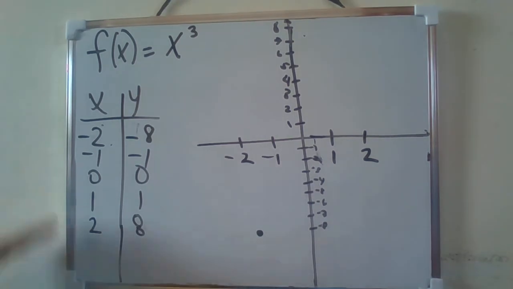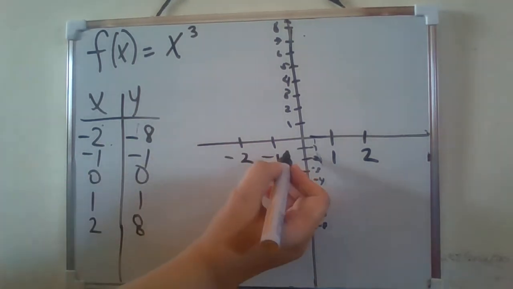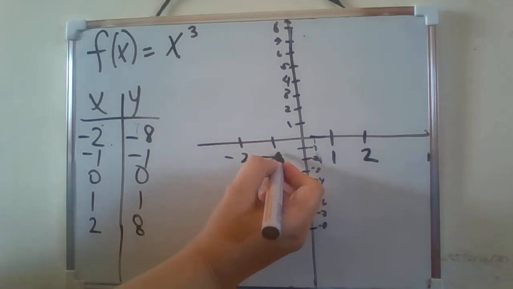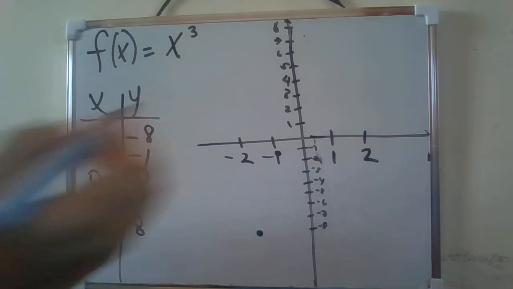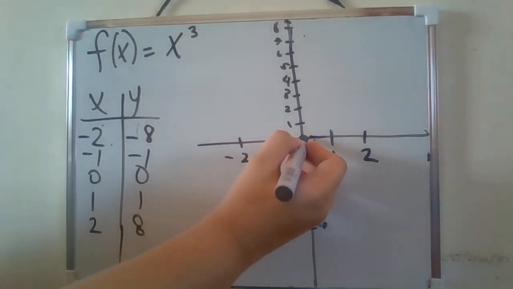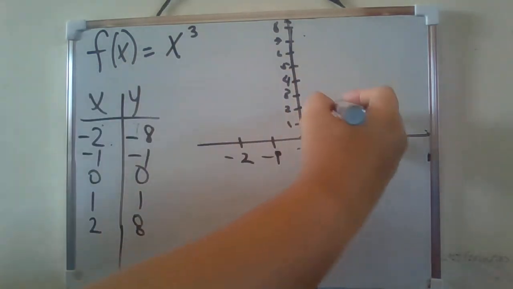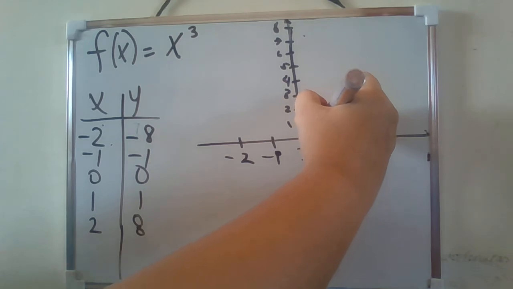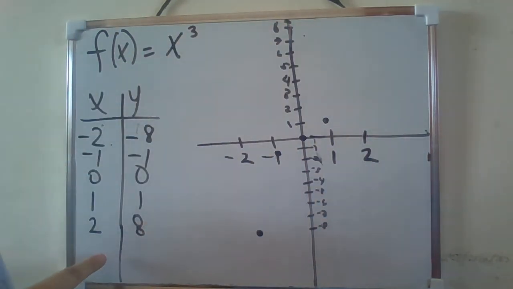So, negative 2, negative 8, dito siya. Negative 1, negative 1. Dito. 0, 0. 1, 1. 2, 8.